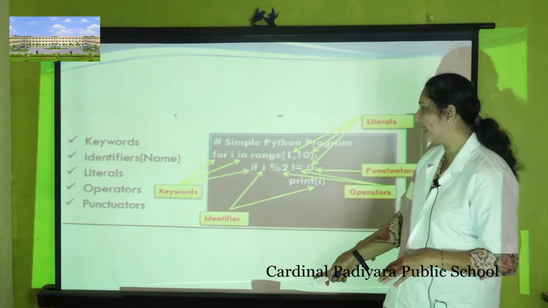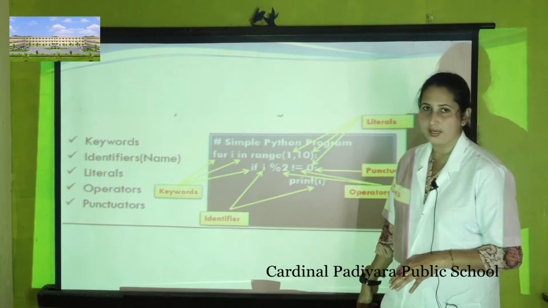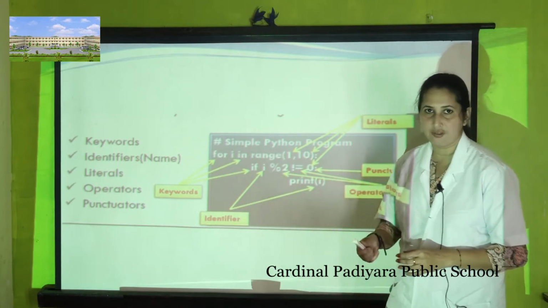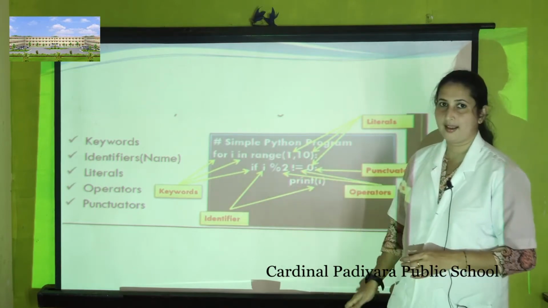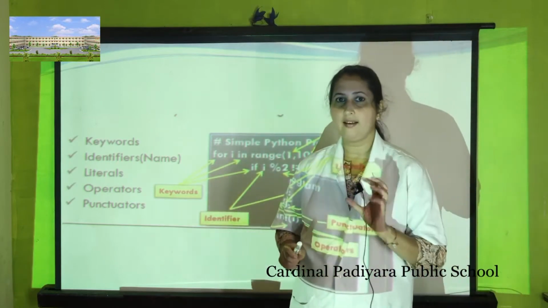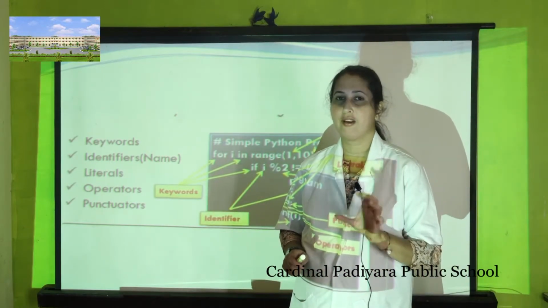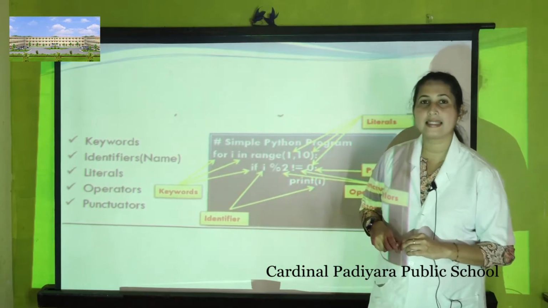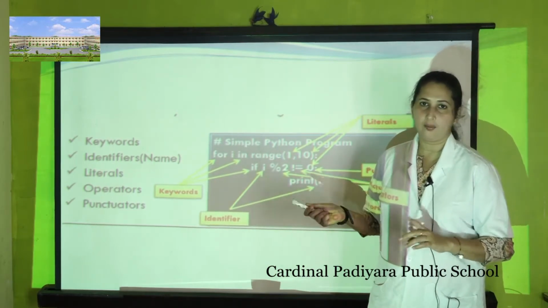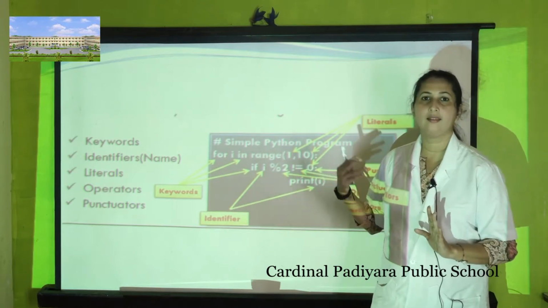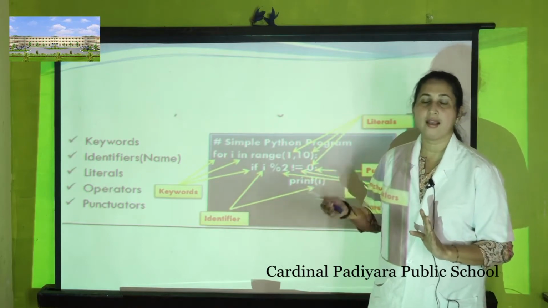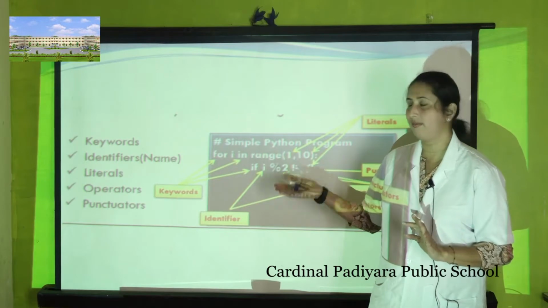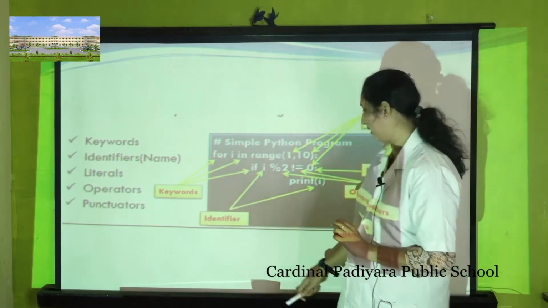Which are the variables here? I is a variable. Its value changes from 1 to 10. I is the name itself. I's first value is 1, then 2, and so on, incrementing up to 10.